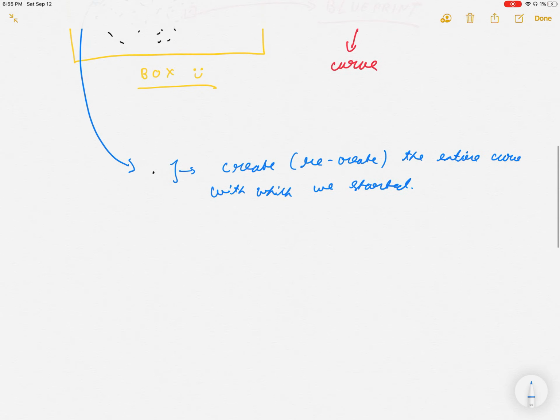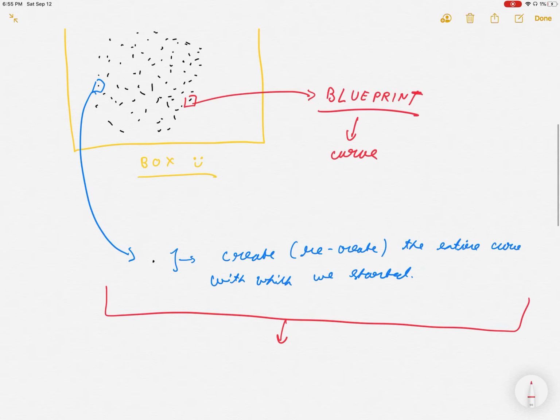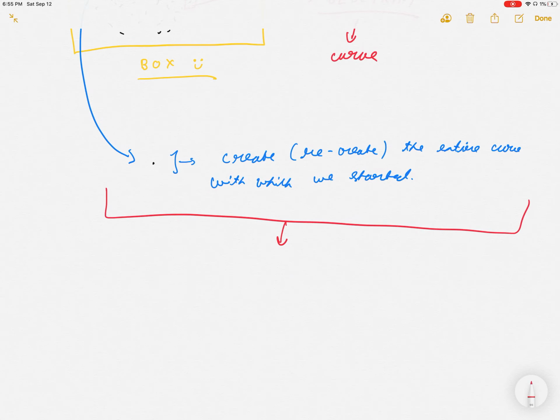So this little, beautiful process of taking one of these infinitely small parts and creating the entire curve by it is called integration.